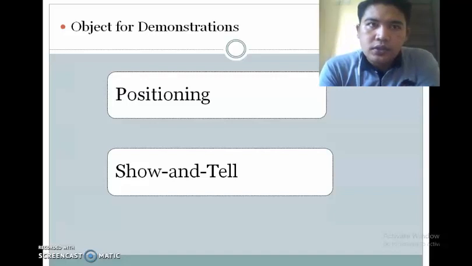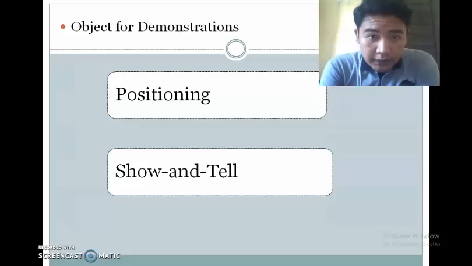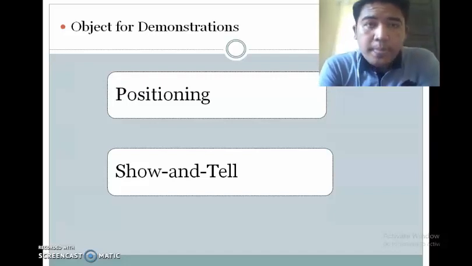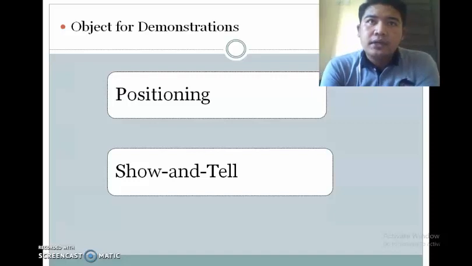So the object will help the presenter illustrate what the material tell about to the audience. But if the presenter cannot handle the object or cannot use the object correctly, it can be a distraction to the audience.